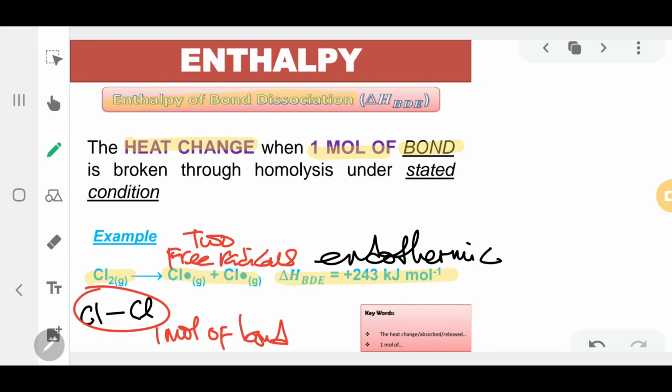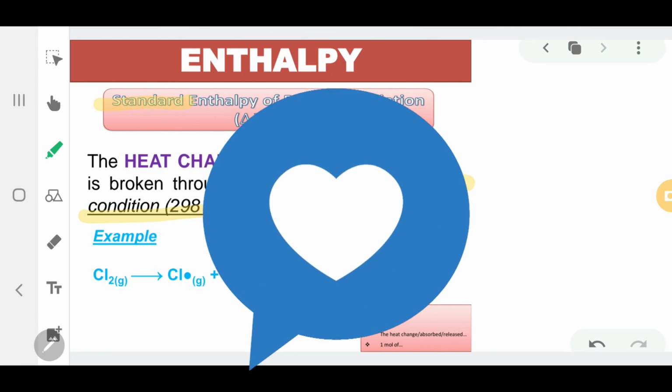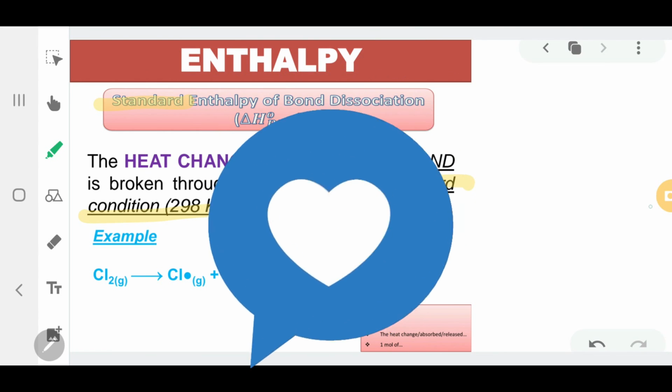So that is the definition of bond dissociation energy: the heat change when 1 mole of bond is broken through homolysis under stated condition. And again, it's the same thing. When you have the word standard, then you need to change it to standard condition, 298 Kelvin at 1 atmospheric pressure.